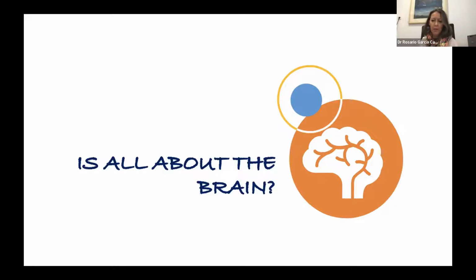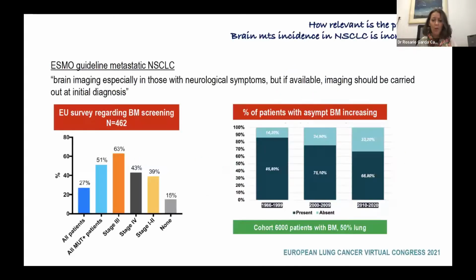Well, when we think about osimertinib, I think it's a great agent. Usually we try to think in these new agents, potent agents, and relate this potency with the activity at the brain level. I think this consideration is really important. And why is it so important? We know that brain metastases are a real problem when we talk about advanced non-small cell lung cancer.